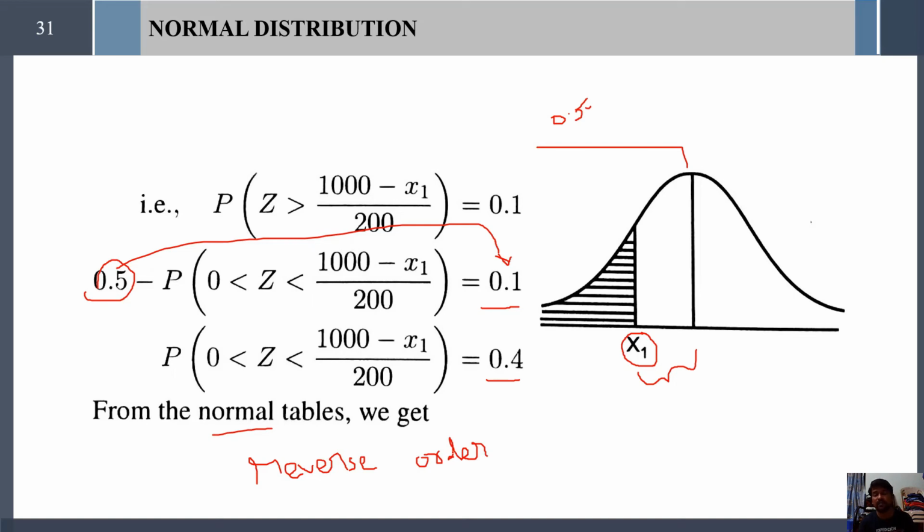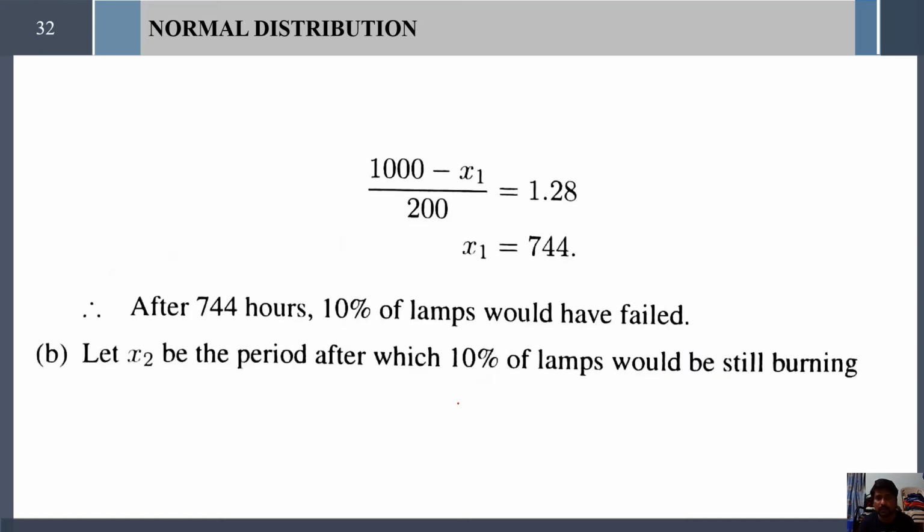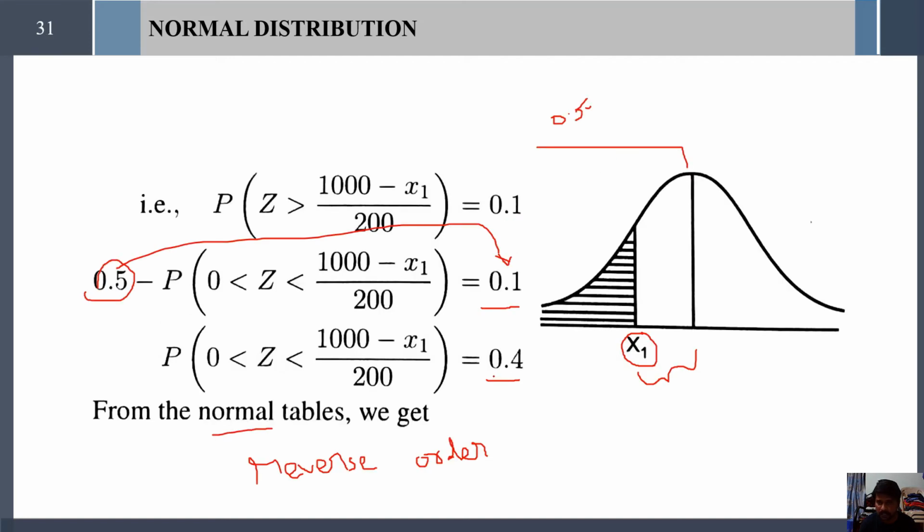This is very important, a different formula and a different problem, because for this type of problem we have to refer to the normal table in reverse order. Then we get the ordinate as 1.28. How to find the ordinate? This is 0.4, no? So 0.4.